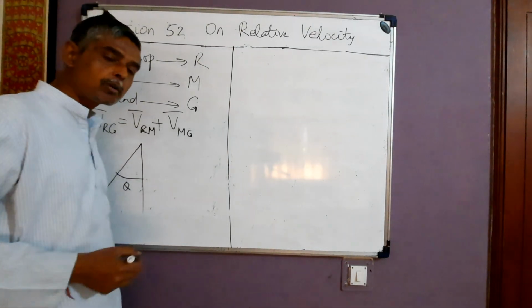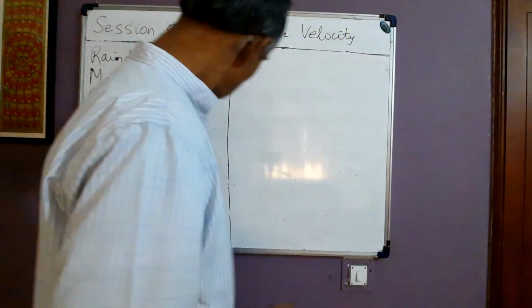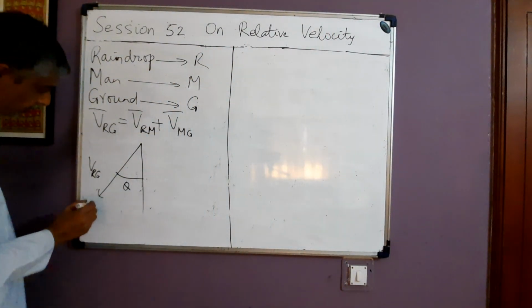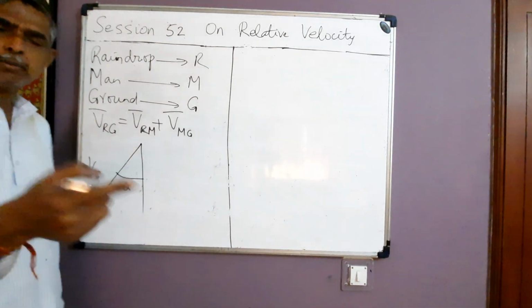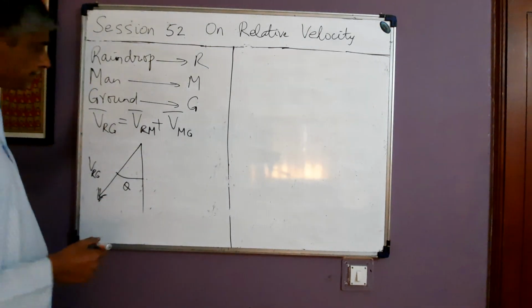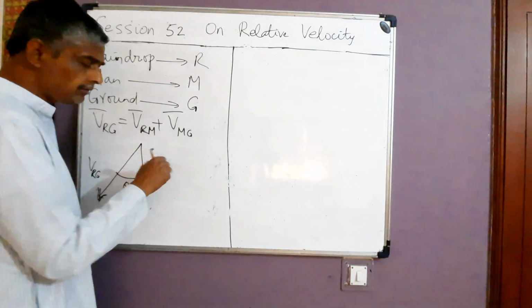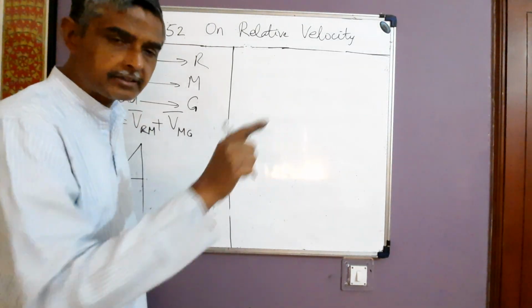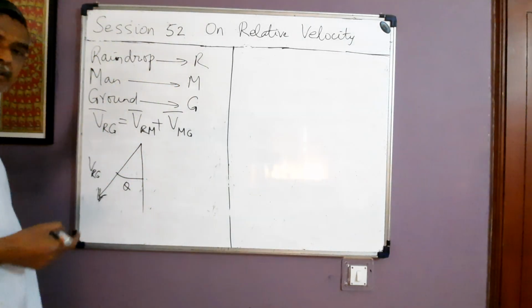The angle theta is not specified in the problem, but I have assumed it. Suppose in the first case the person runs at a speed with respect to ground towards the right, as given in the problem. Then he observes raindrops to fall at an angle alpha.